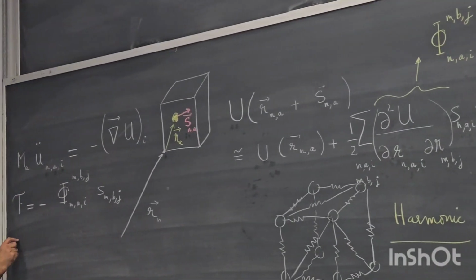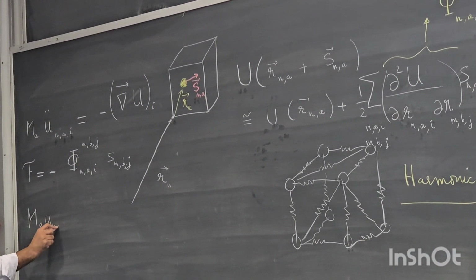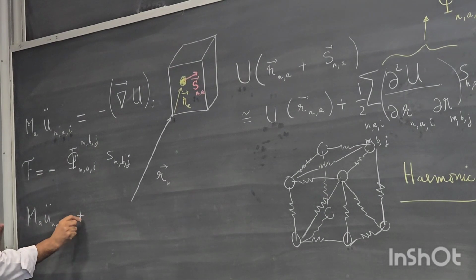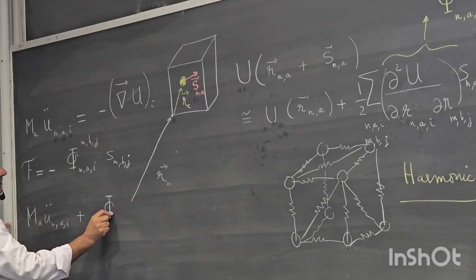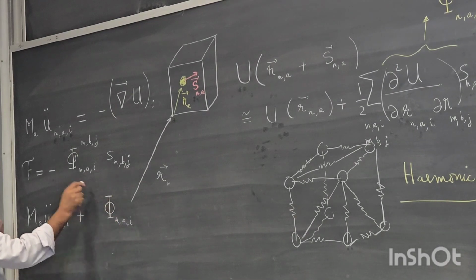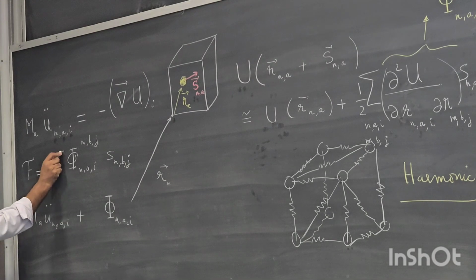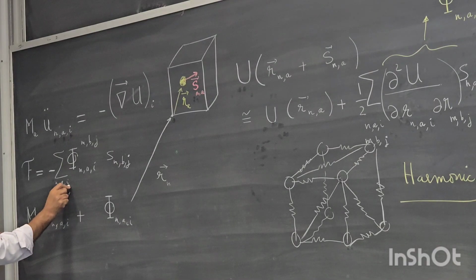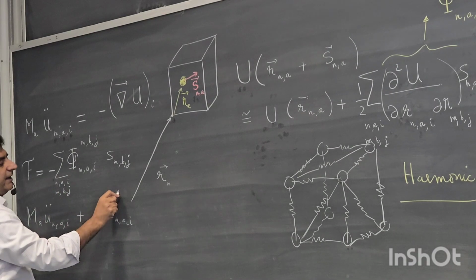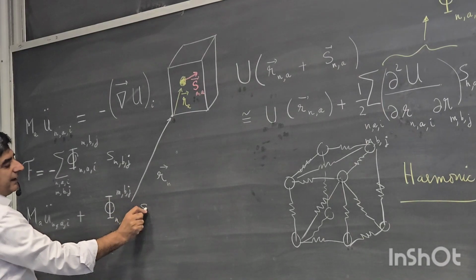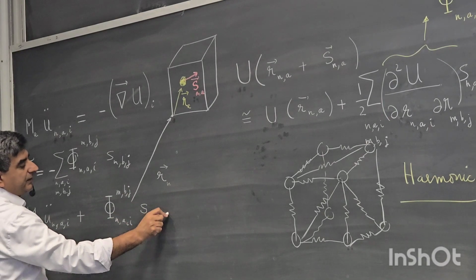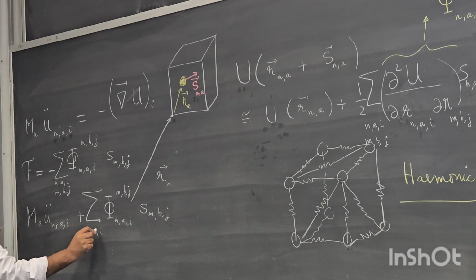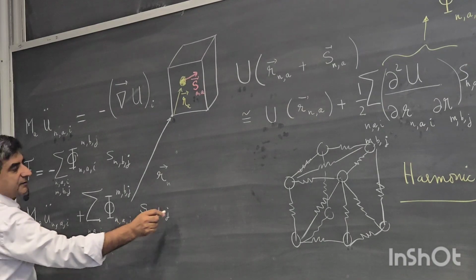So my equation of motion becomes m_a u_nai double dot. Now I can take this to the other side, plus phi nai mbj s mbj, sum over all mbj, this must equal 0, right?